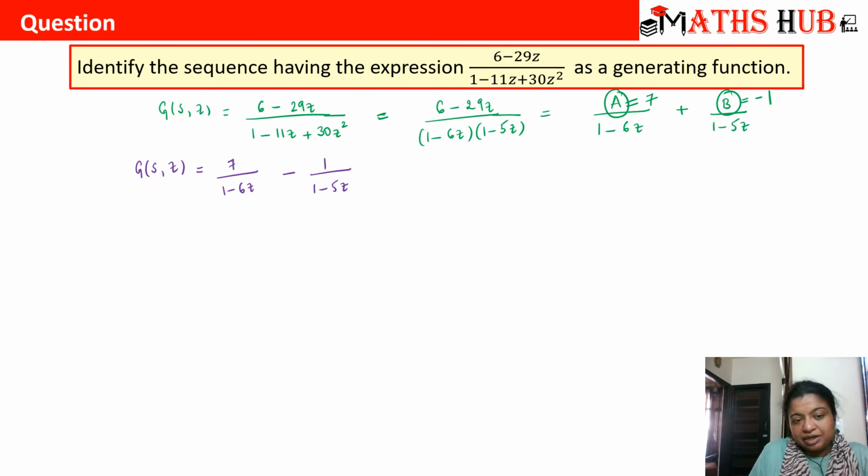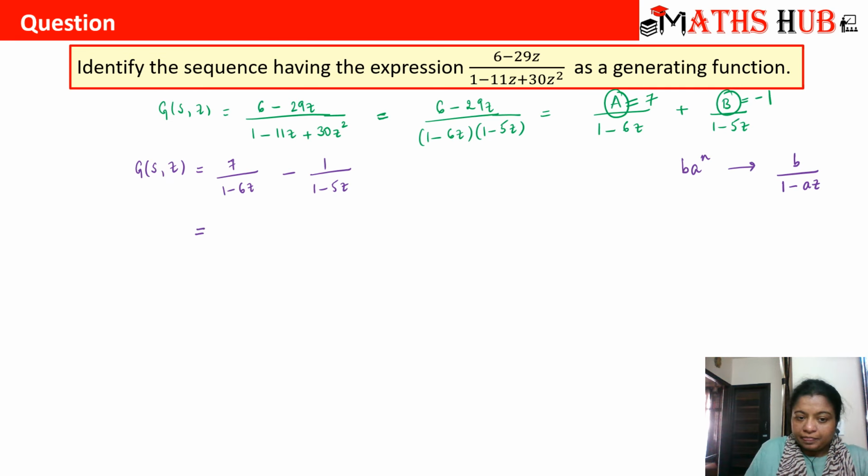So now in the table that we have just made in the previous slide, you will see that if the sequence is b into a raised to power n, the generating function is b upon 1 minus az, right?